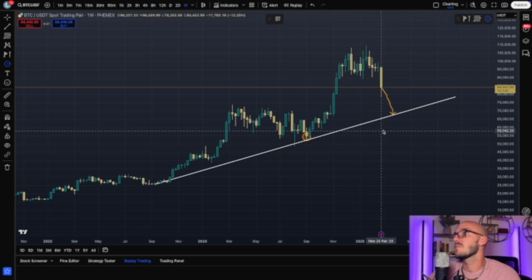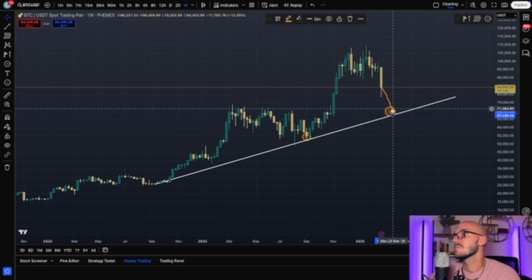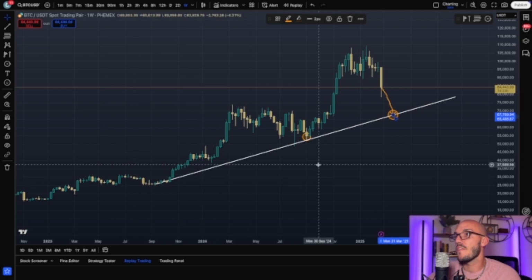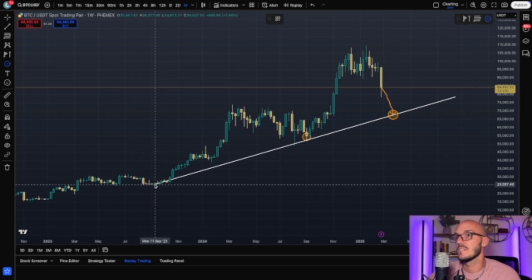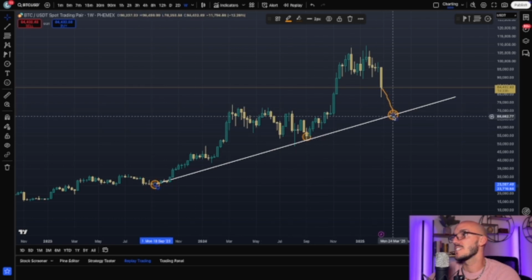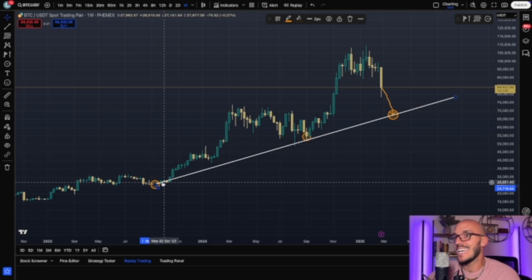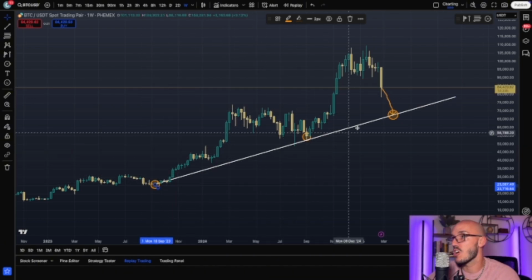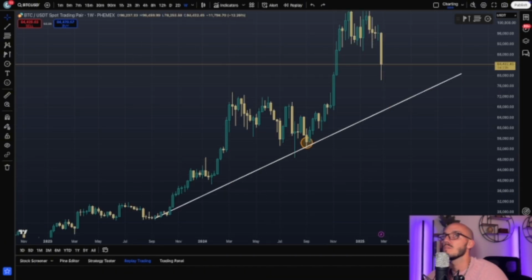So if that would form another swing low right here, then that would be the third touch of this trend line. You see, you would have 1, 2, 3 touches of this trend line. Okay, that would indicate that this trend line is a strong uptrend. All right, you do the same thing with the highs.